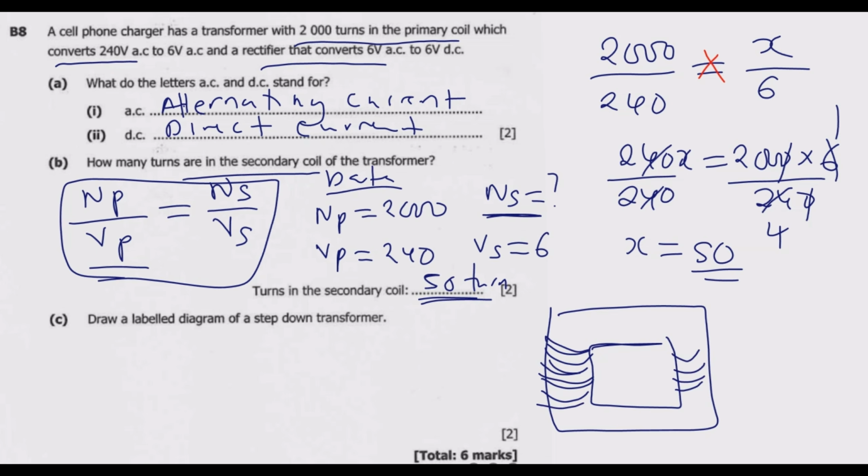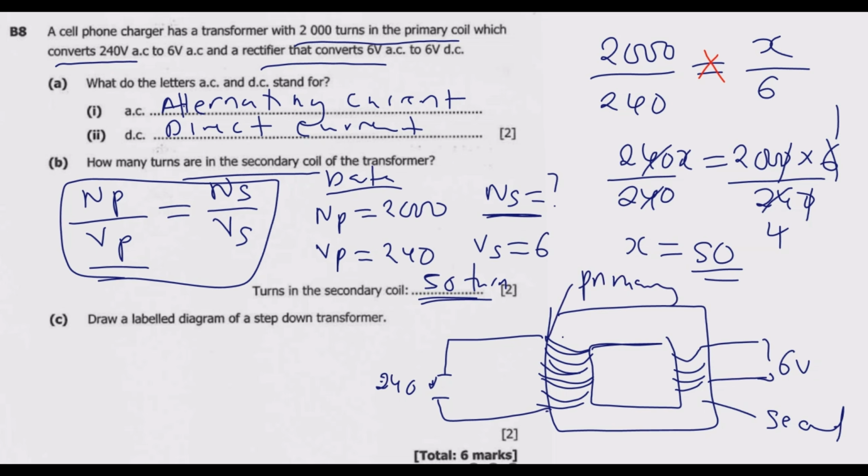So then we are going to have the voltage entering, and in this case the voltage is 240, so 240 volts entering here. Then the voltage coming out from here is 6 volts. So this is the secondary coil, then this is the primary coil. So when we're talking about the 2000 turns from this example, then these are just 50.